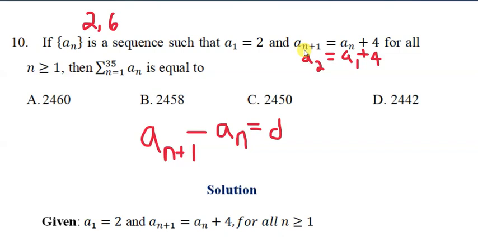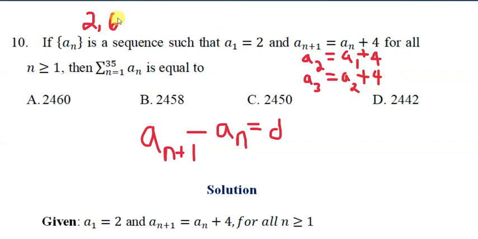And where our n is 2, 2 plus 1 gives us 3. Therefore a3 is equal to a2 plus 4, and a2 is 6.